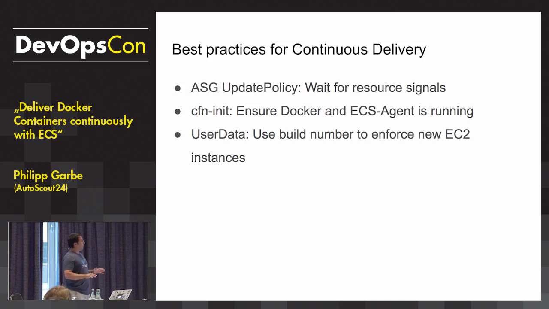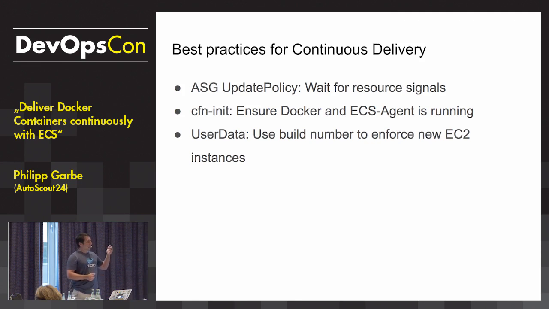I'm not sure if you have worked with that setup. CFN init is an additional script in CloudFormation that is called in the user data. The user data is the place where you can add some custom scripts. And CFN init is a helper tool where we can also define what should be done, for example which file should be created, which service should be started, and so on. You define that in a declarative way. You don't have to script that.